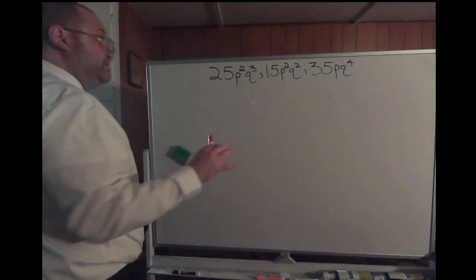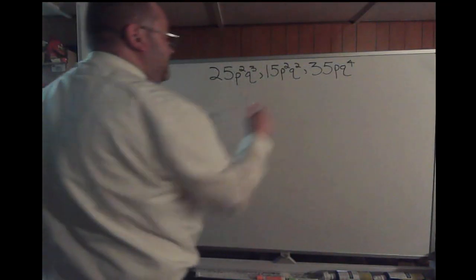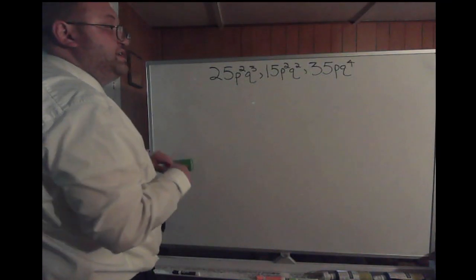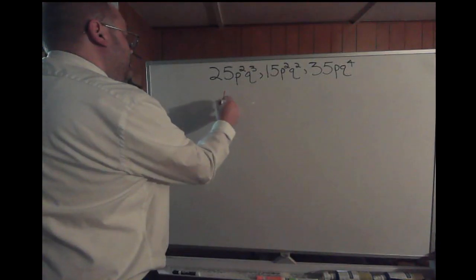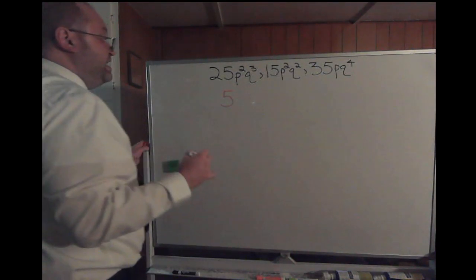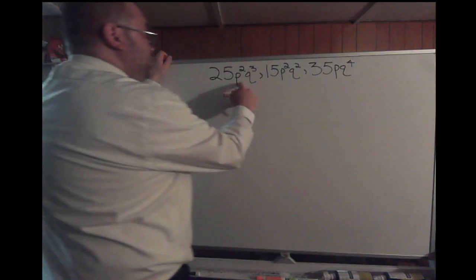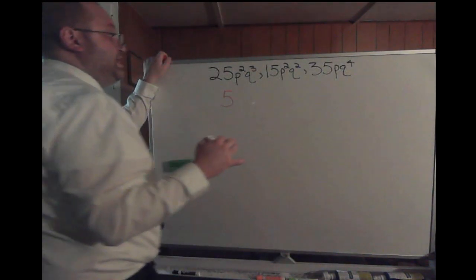Well, once again, start with your coefficients of 25, 15, and 35. What's the greatest common factor 25, 15, and 35 have in common? They have a 5. Alright, so they got 5 in common as their greatest common factor. Now between p squared, and p, what's your greatest common factor?